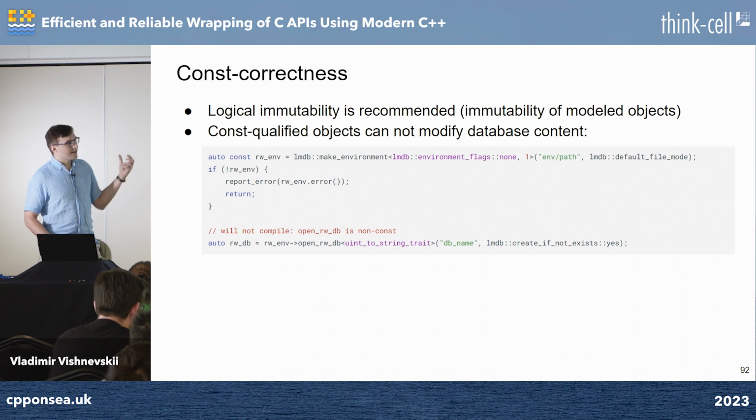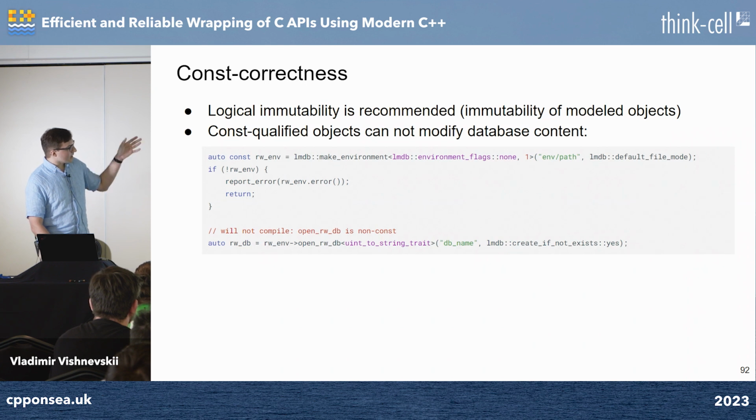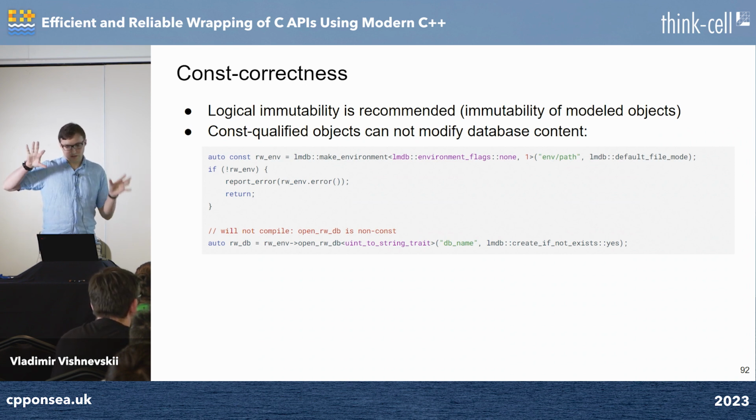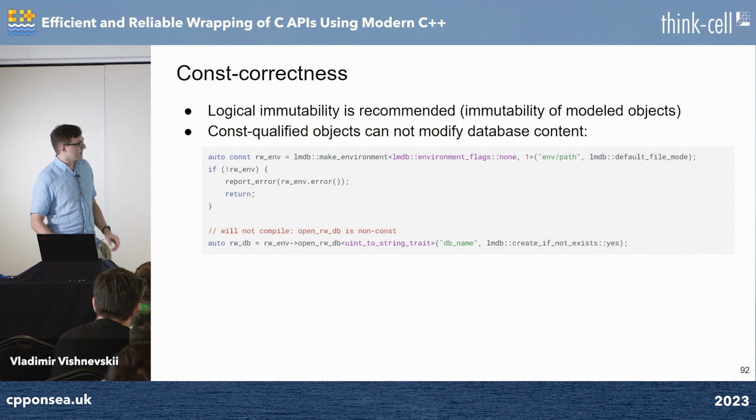So in our case, the const objects should not modify the database that they represent, or the environment or other entities. We need to make sure that we enforce this logical immutability. That means that everything that can mutate should not be const. Everything that is read-only and supposed to provide read-only access can be const.